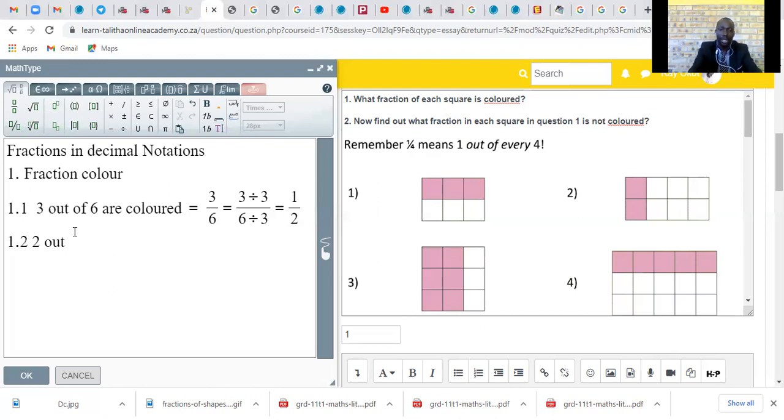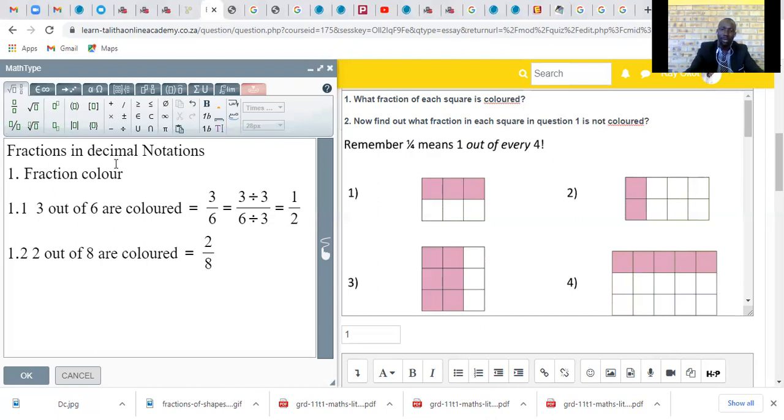All right, so we write 2 out of 8 squares are colored. Yes, this is what we have got. So in fractional notation, we say 2 out of 8 have been colored.